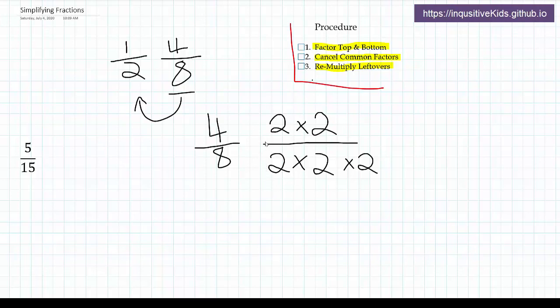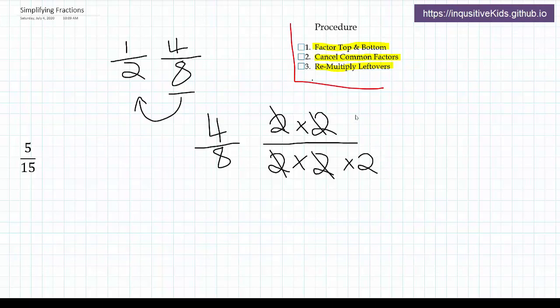When you see pairs from the top and bottom, like 2's, you can cancel them out, like this. Remember, you can only cancel common factors in pairs. So that means there's still going to be one 2 left on the bottom.